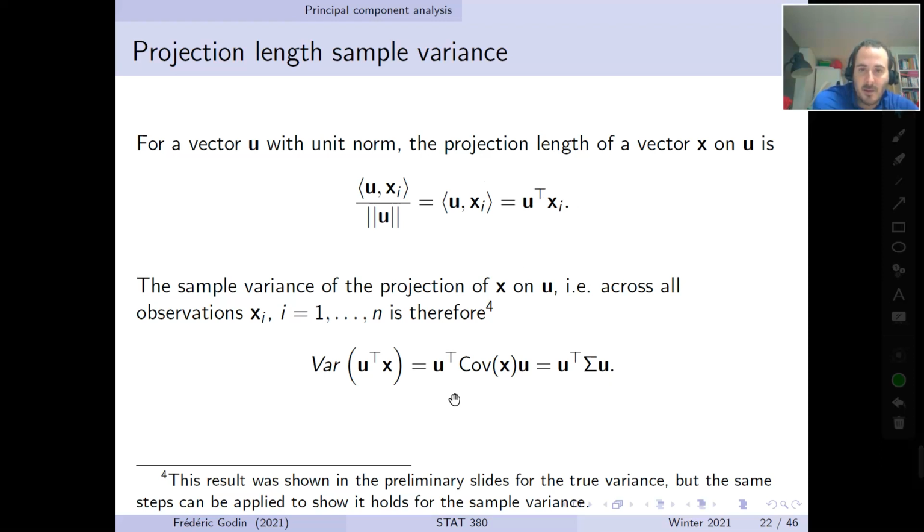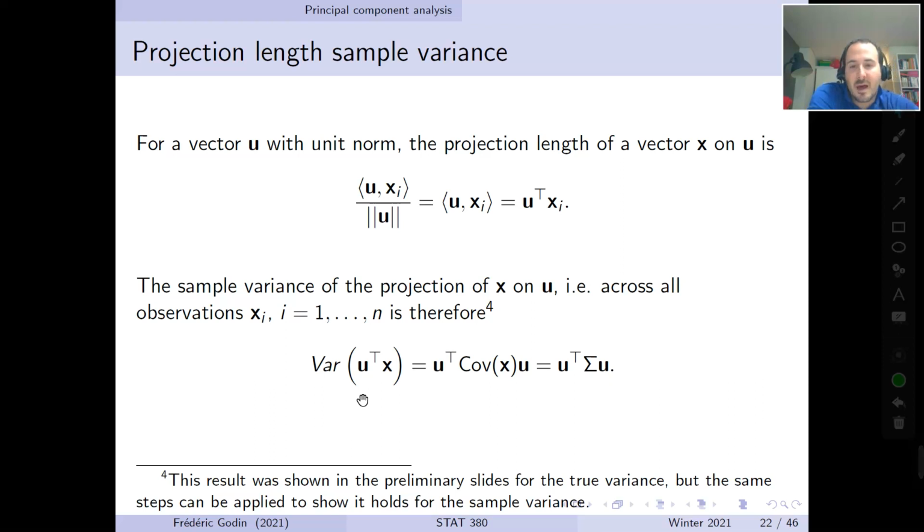Sorry about that. Here we provided the definition of the projection length of the vector on u. Then we can characterize the variance of the projection length of all the data points x on u. Variance here should be understood as variance across the observations i.